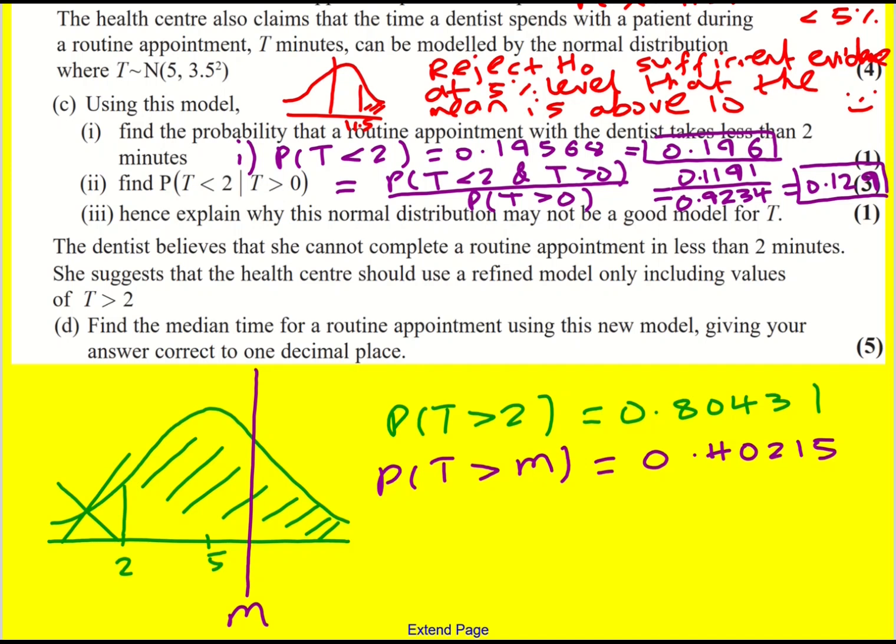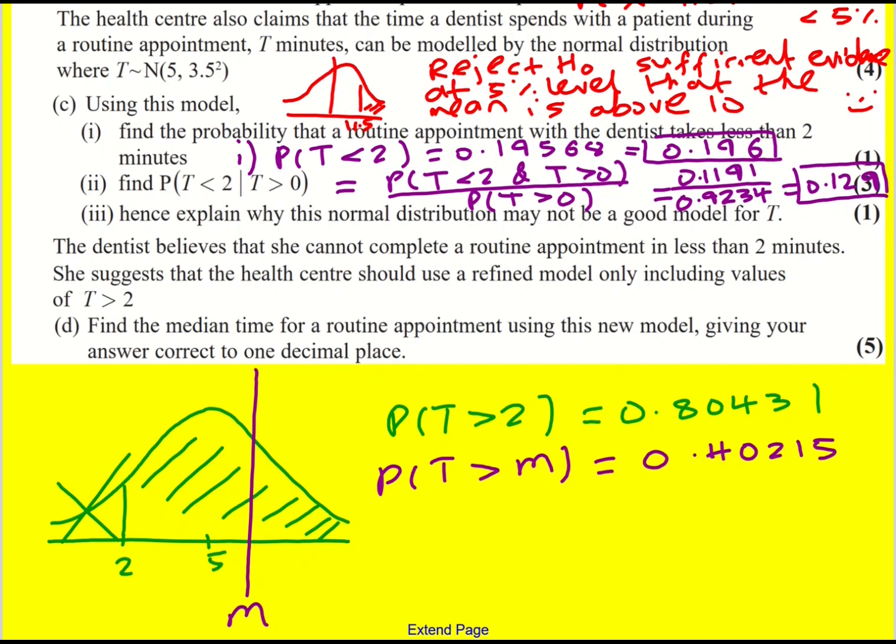So I haven't made it any more complex than that. I'm just getting rid of a load of the values. So the overall probability, like the scaling, is now, well, the entire area is 0.80431. I could scale it up and make it 1. I could divide through and then use 0.5 for my median.